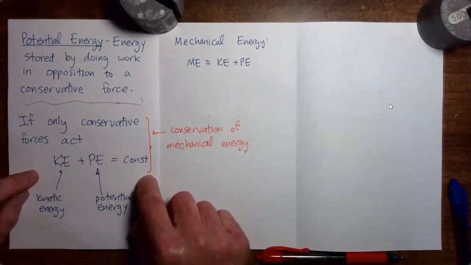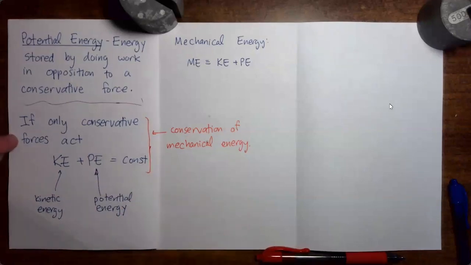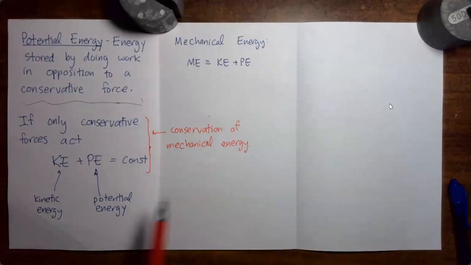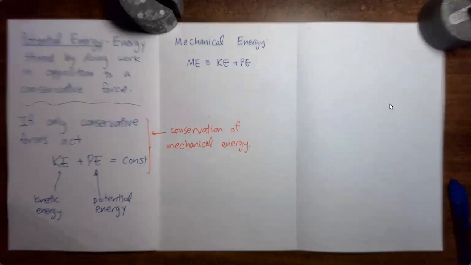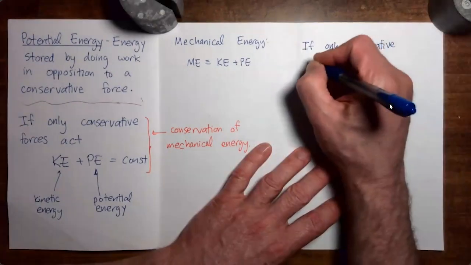There are other ways of expressing conservation of mechanical energy. Here we have said that if only conservative forces act, then the combination of kinetic and potential energy is a constant. Another way of saying that is that if we have a process where only conservative forces act, then during that process, the change in the combination of kinetic and potential energy is zero.